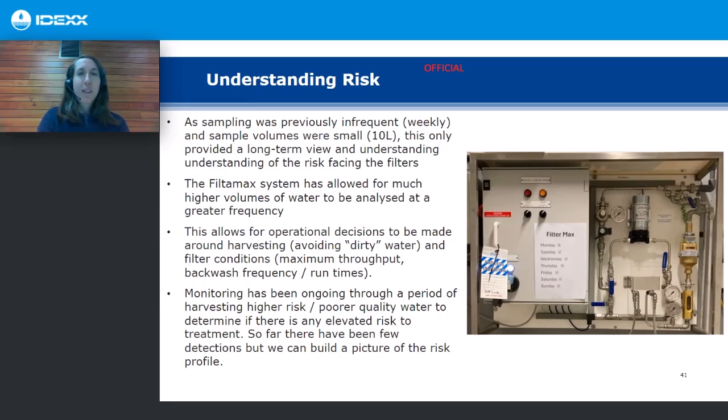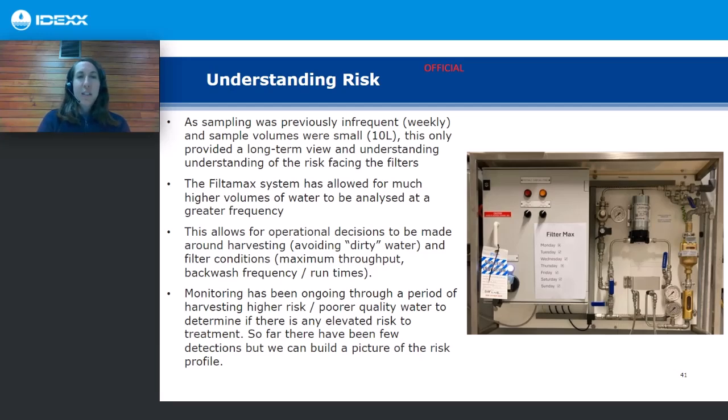So putting all this together, we wanted to understand more fully what was the risk facing our filters. As I said, our sampling was previously infrequent, only weekly, and sample volumes are small, so it only provided a long-term view and a limited understanding of the risk facing our filters.